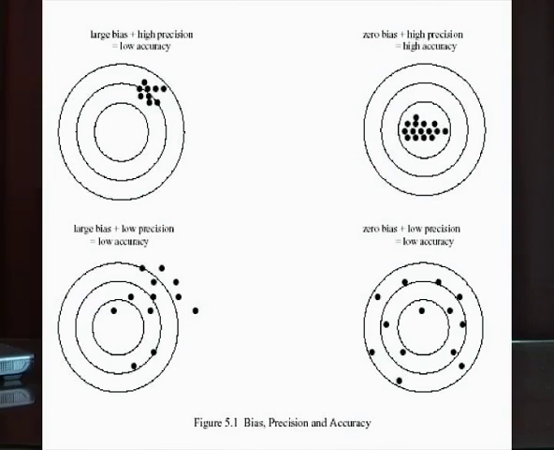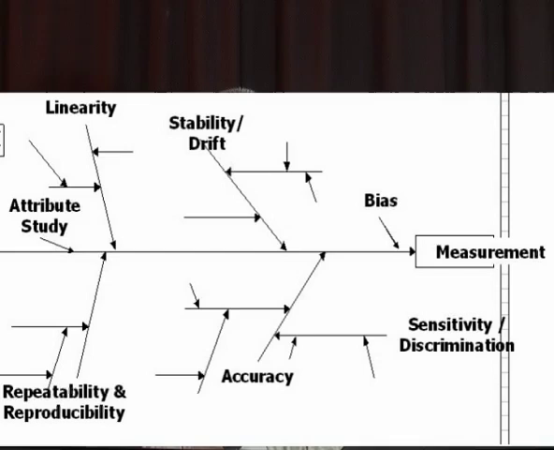Now, the bias could come from the instrument, or the bias could come from the analyst. For example, a parallax error that comes from an untrained analyst, and the zero error or the baseline drift that accounts for the instrument's bias or contribution towards bias.